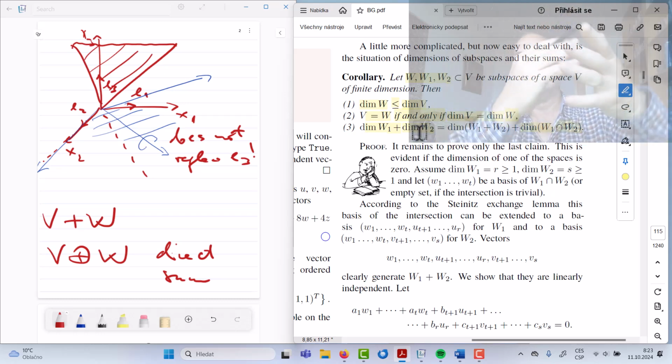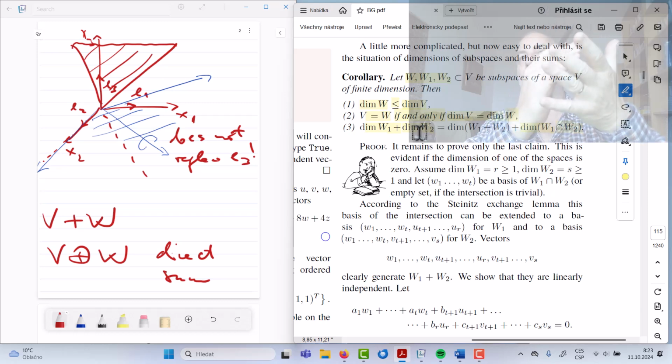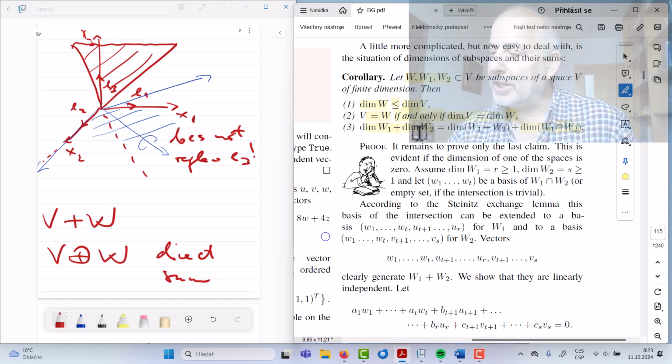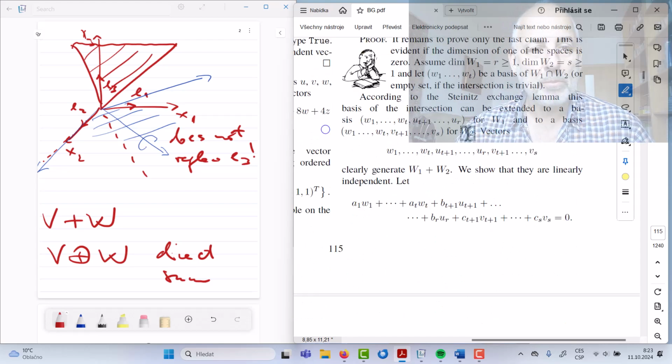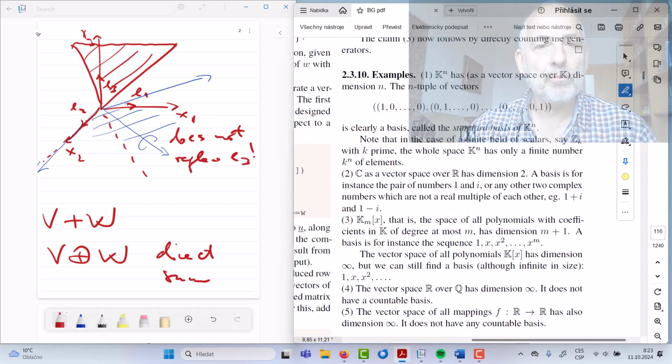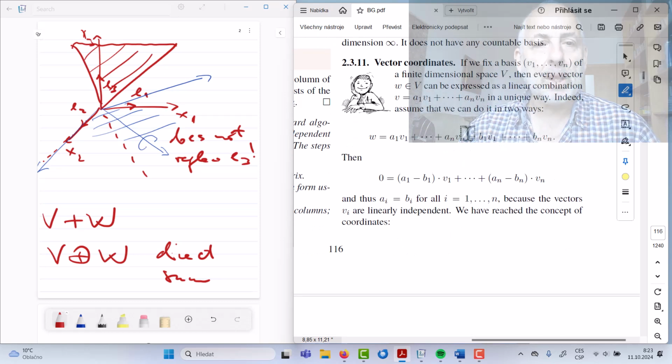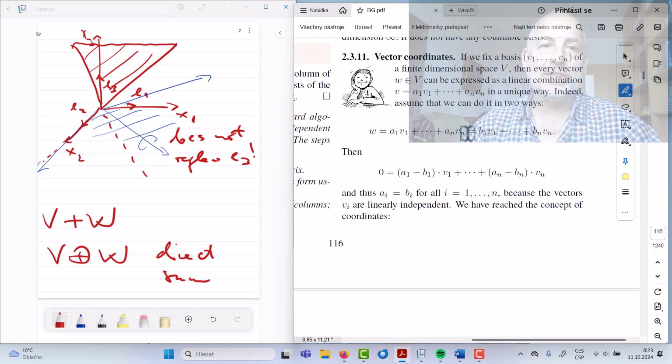So if they are in the general position, they will generate the whole R3. But 2 plus 2 is 4. So you have to subtract the dimension of the intersection, and that's exactly what's written here. And this is what leads us to the coordinates.